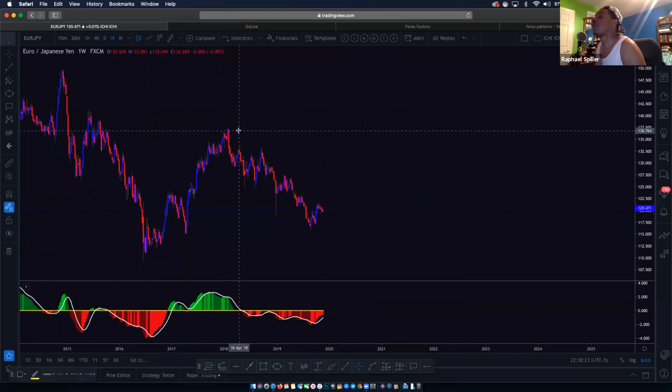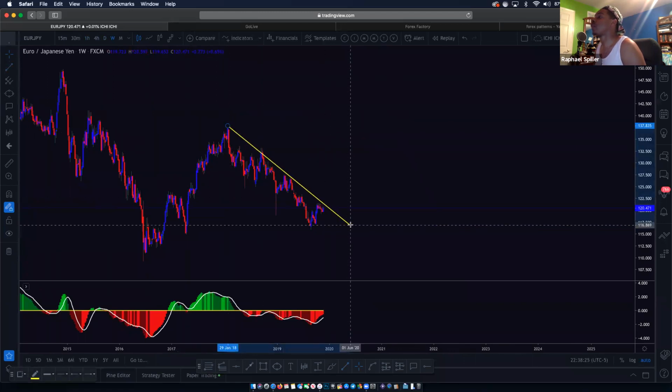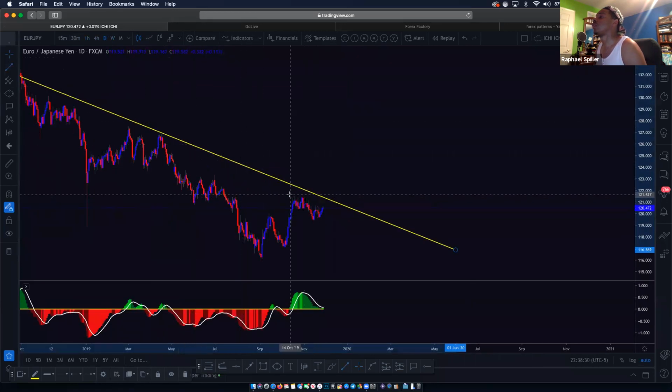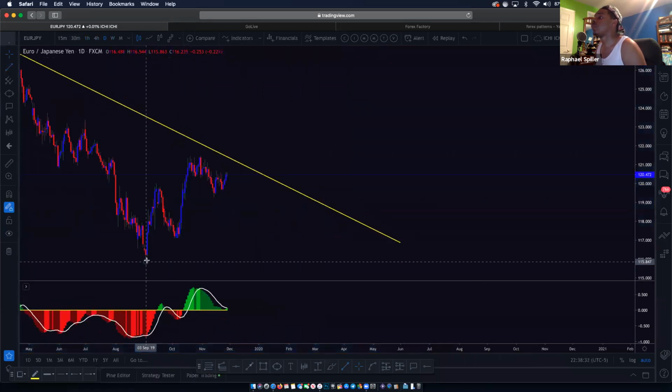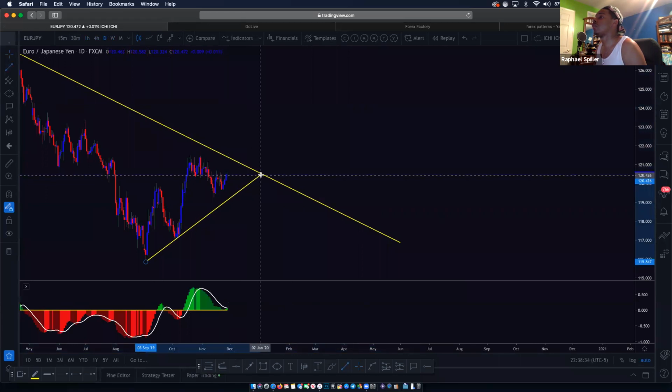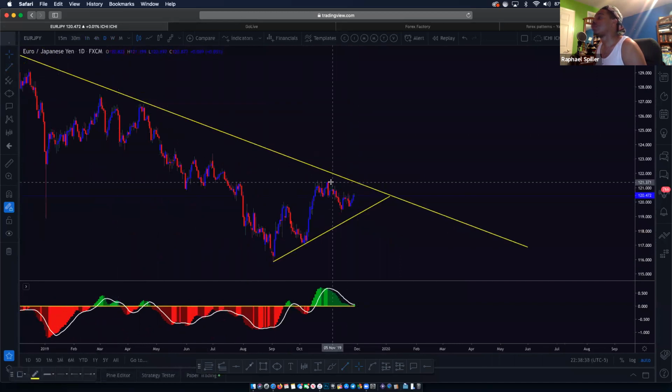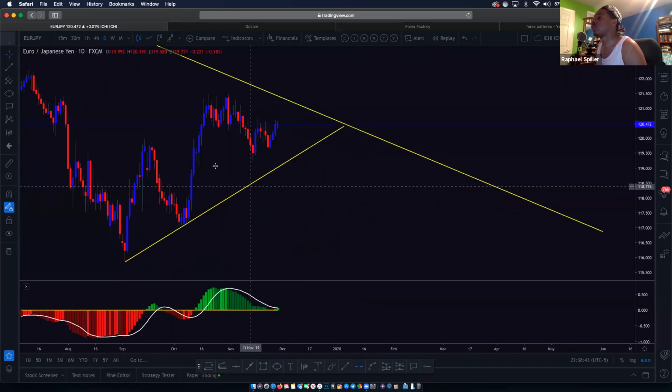Euro JPY, we are definitely in this minor downtrend on the weekly, and we're in a temporary buy on the daily, right? And we do see this correction forming. Make sure I get in close so I can see it.